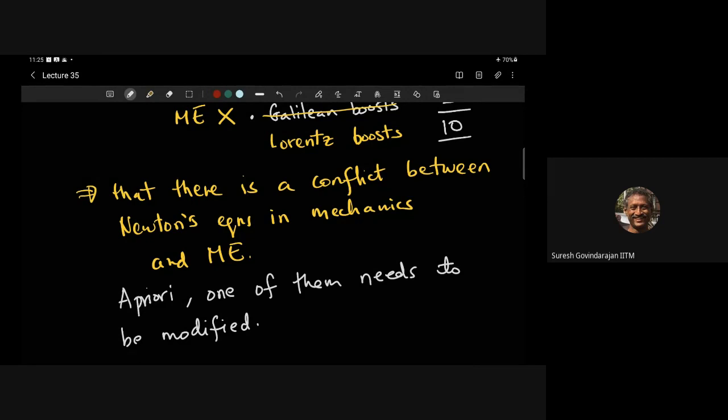What it says is that if you have charged particles, you get one invariance, and if you have uncharged particles, you get something else. That doesn't make sense. So that is the conflict, and one of them has to be modified. Theoretically, you cannot say which one should be corrected, but we will see that Newton's equations need some kind of correction. The intuition that one has is special relativity.